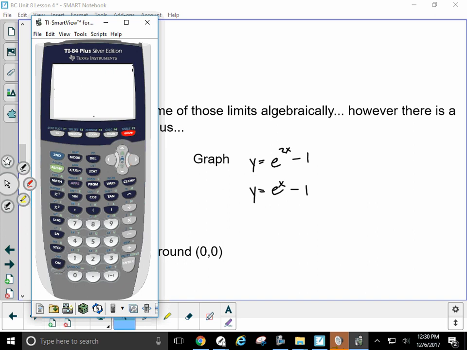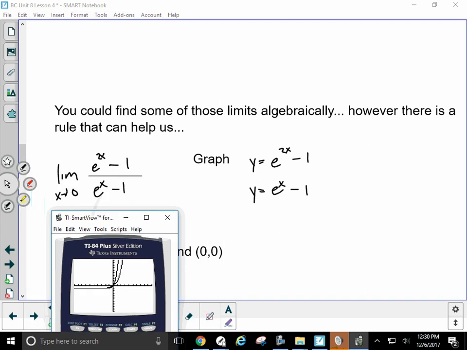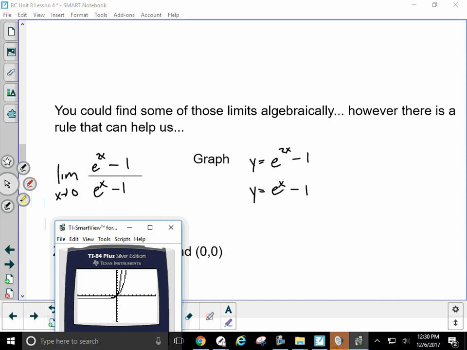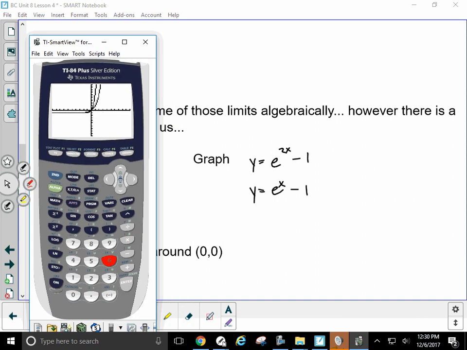Okay, and it turns out these graphs both have the point 0, 0, and it helps us in this demonstration that they share the point 0, 0. But if we didn't have the point 0, 0, it would be fine, okay? But since we do have the point 0, 0 shared, I'm going to zoom in to both of these functions as x is approaching 0. So I'm literally just going to zoom in at 0, 0.